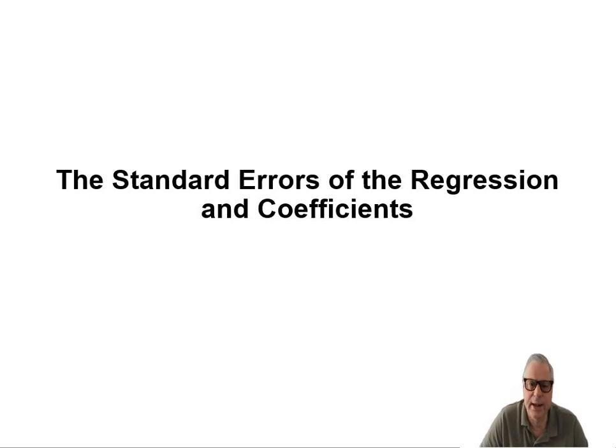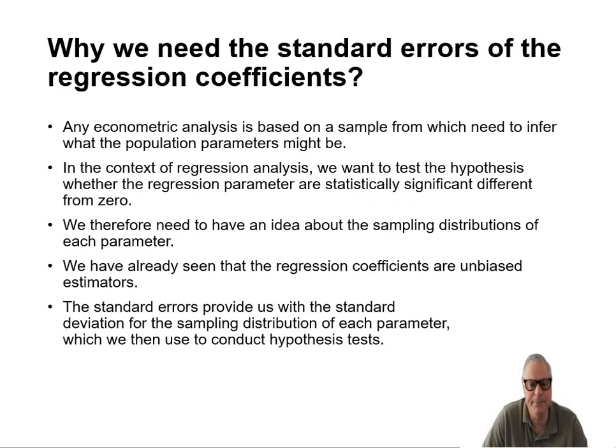Okay, let's turn next to the standard errors of the regression and the coefficients. So why do we need standard errors of the regression and coefficients, and what does that actually mean? Any econometric analysis is based on a sample from which we need to infer what the population parameters might be.